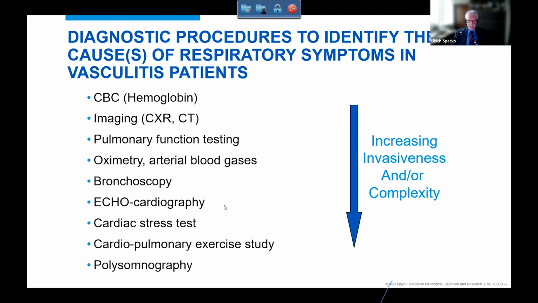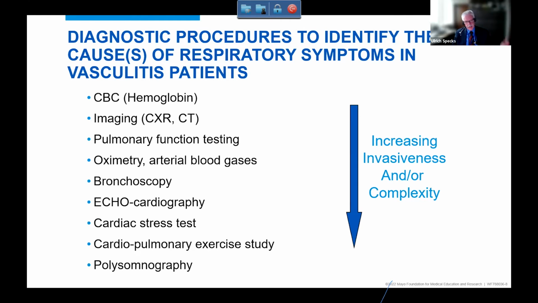And when we look at the heart, we do an echocardiogram, and if all of these tests don't give us the answer, we sometimes do a cardiopulmonary stress test or cardiopulmonary exercise study, and they usually can be done together. And then last not least, if we think about obstructive sleep apnea as a cause of fatigue, then we often do what's called a polysomnography or a sleep study.